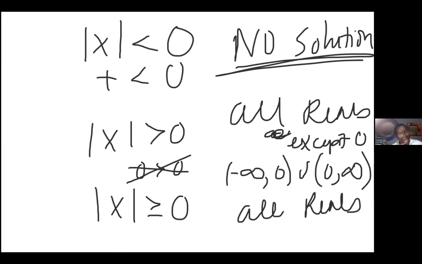Yeah, because that's greater or equal to. That would be all reals. Mm-hmm. So that would be the answer on a test if it was greater or equal to 0. Okay. Yeah. But you're not gonna get one like that on the test.